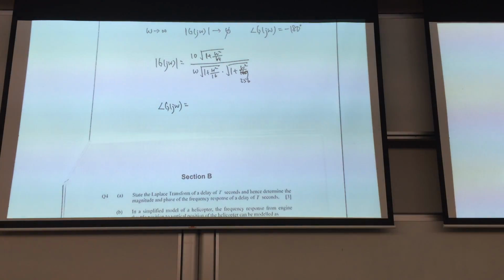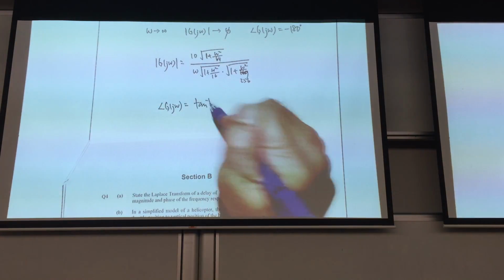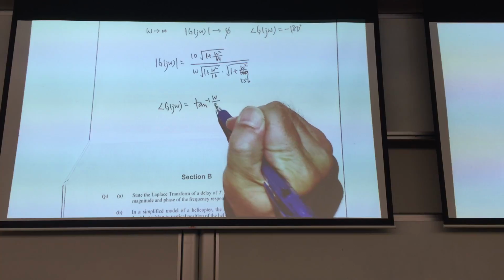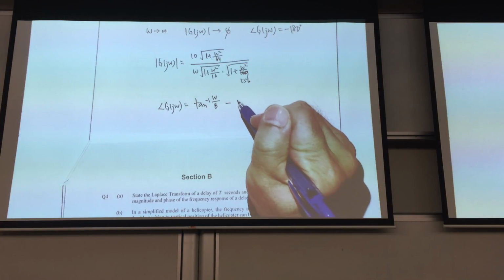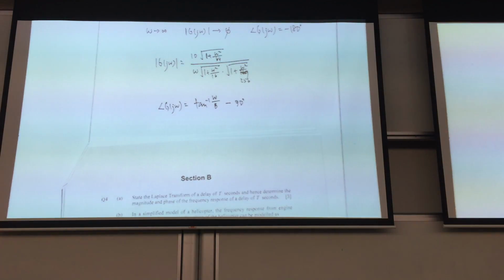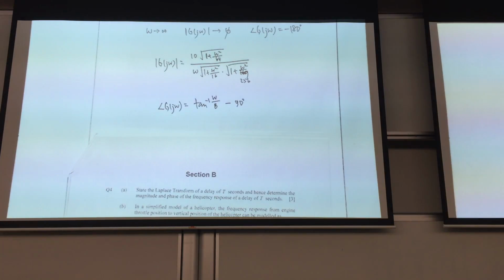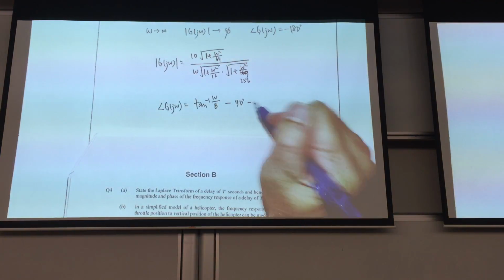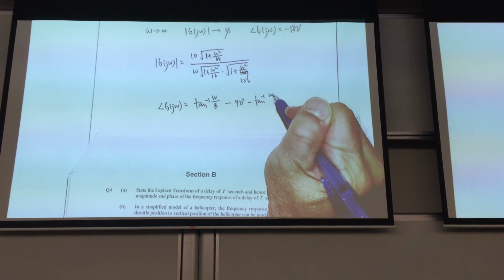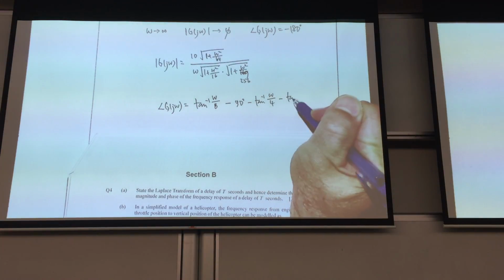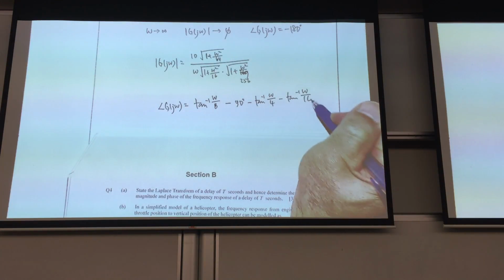And then of course, when you work out the phase angle of G(j omega), you have arctangent of omega divided by 8, minus 90 degrees because it's a pole at the origin, a constant minus 90 degrees, then minus arctangent of omega divided by 4, minus arctangent of omega divided by 16.